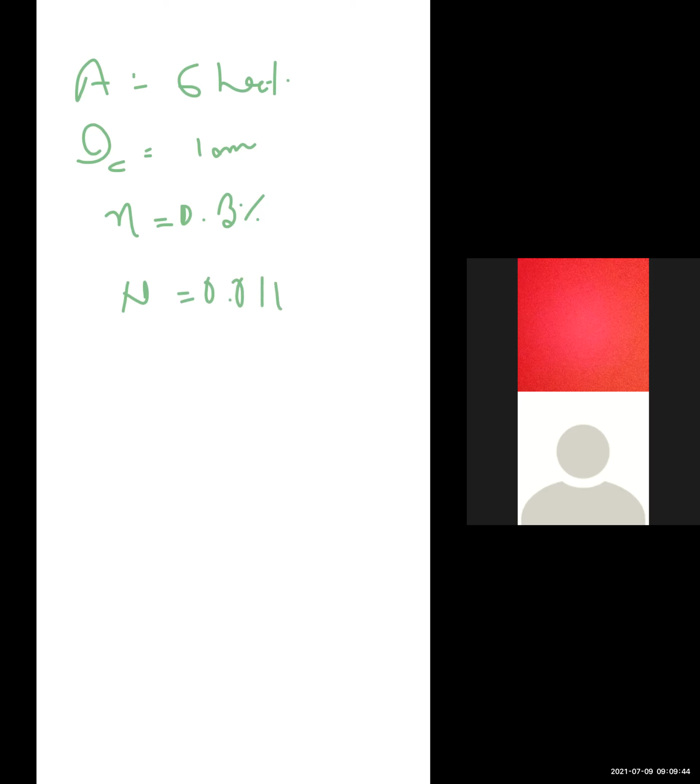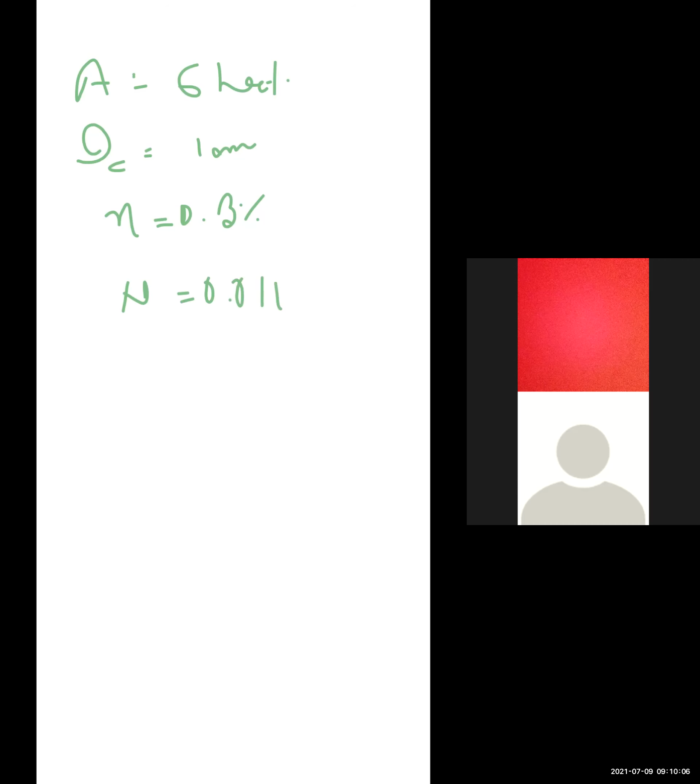For design of tile size, the first step is to find the discharge passing through the tile. Discharge is calculated as the area is given and the coefficient is given.